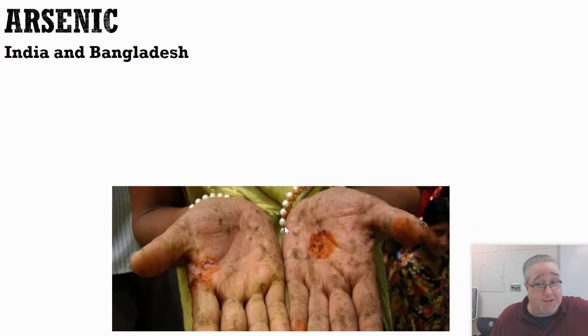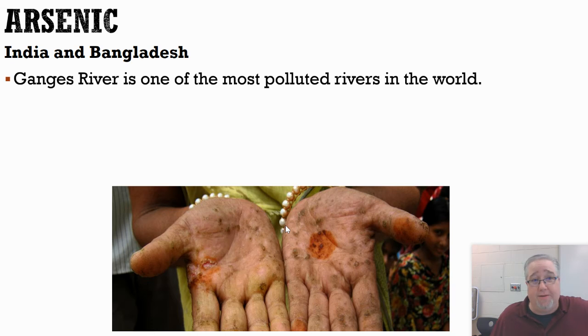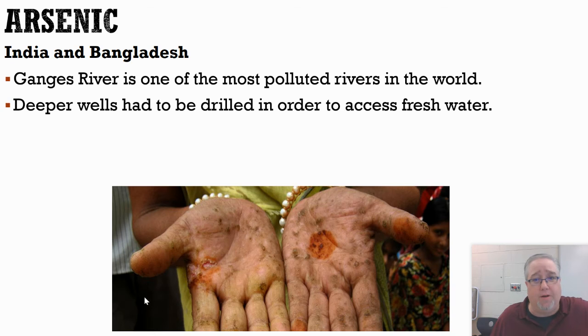India and Bangladesh. Let's go back to Bangladesh. Again, one of the poorest countries in the world. The Ganges River, one of the most polluted rivers in the world. And again, because that river is so polluted with whatever, that means that they have to dig deeper in order to access groundwater so that they can drink from it.